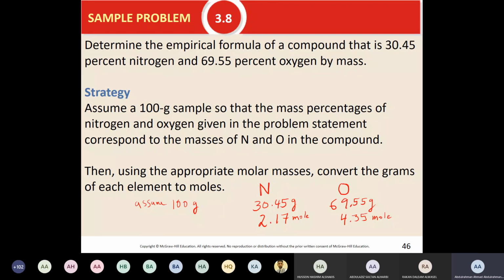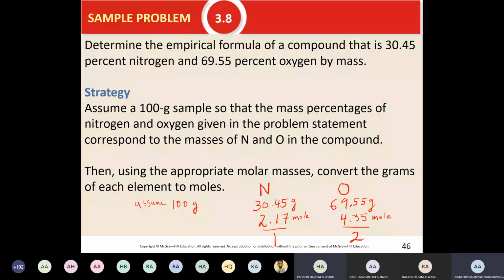Which one is smaller? 2.17 is less. Divide both of them by 2.17. What's the relation? One. Multiply by 2. This one is 2.